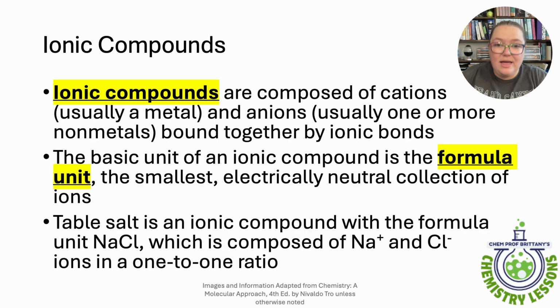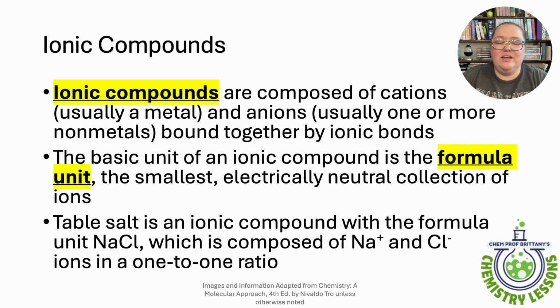Because it is not really directional, we don't ever see discrete units, like for NaCl. It's not here's a sodium chloride and here's a sodium chloride and here's a sodium chloride like it is with molecules. That's the ratio in which we see them.